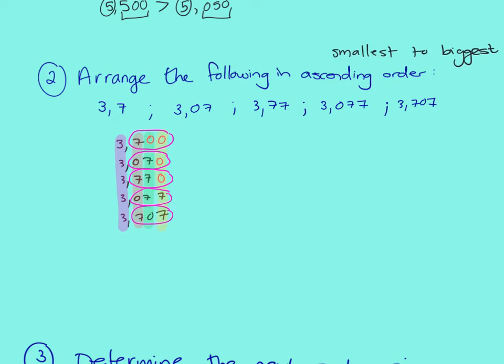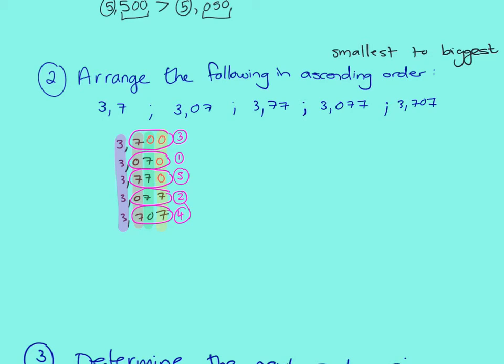So let's find the smallest one. 70 is the smallest one. Then it's 77, then it's going to be 700, 707 and 770. So as if they weren't decimals, as if they were just normal numbers and you were trying to compare their size.